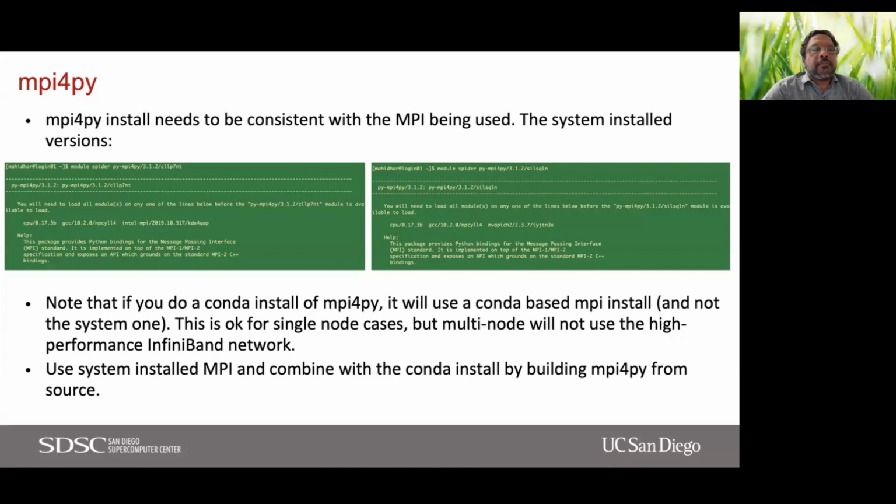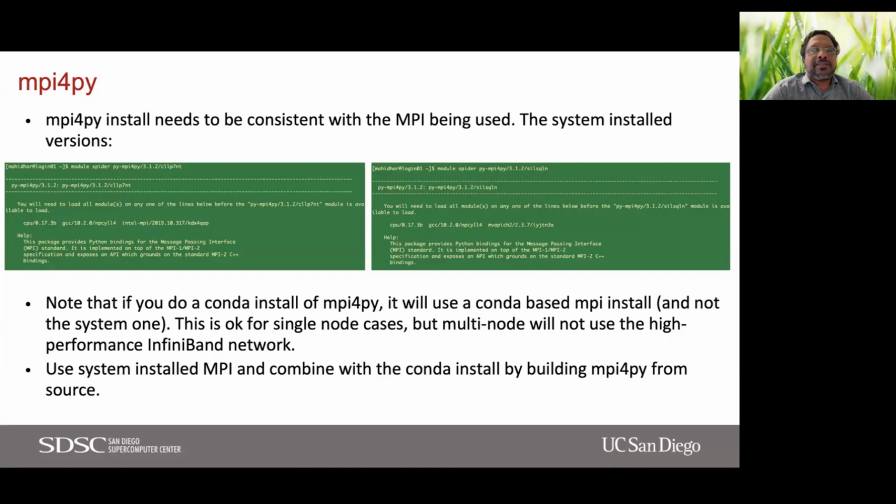Now, mpi4py is one thing to keep in mind. This is the Python implementation of MPI. Here it's important that it's consistent with the MPI being used underneath, right? We do have a system-installed mpi4py module, and I show you two examples here, one with Intel MPI and one with MVAPICH2.